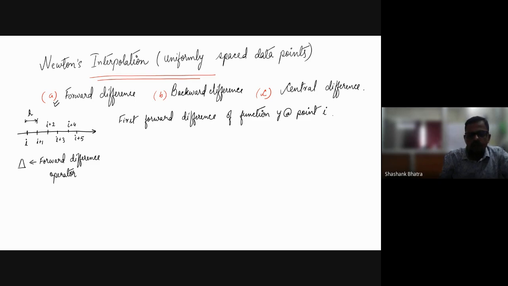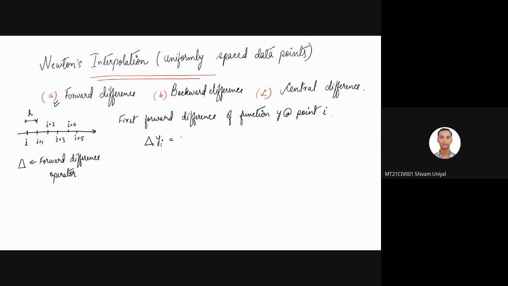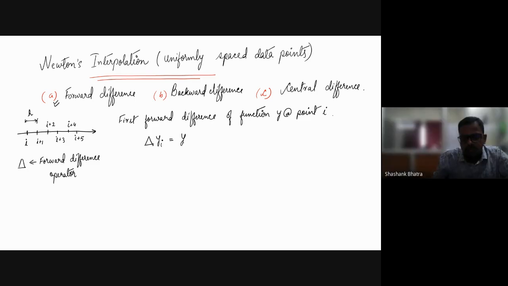This will be a forward difference operator, right? And how am I going to write down delta yi? I believe that you all have a slight idea about this, because this is a basic part. So can anybody tell me what delta yi will be for the forward difference? yi plus 1 minus yi. Yes, very simple. yi plus 1 minus yi.